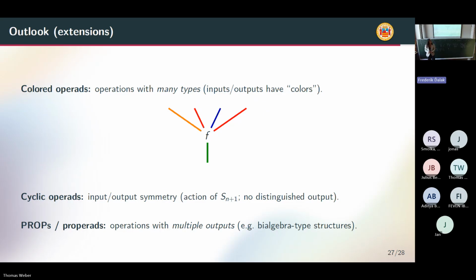For example, in Frobenius algebra, this is the common setting. And props and operads, which as far as I know is the one you are more interested in, because they allow you to model bialgebra type structures.